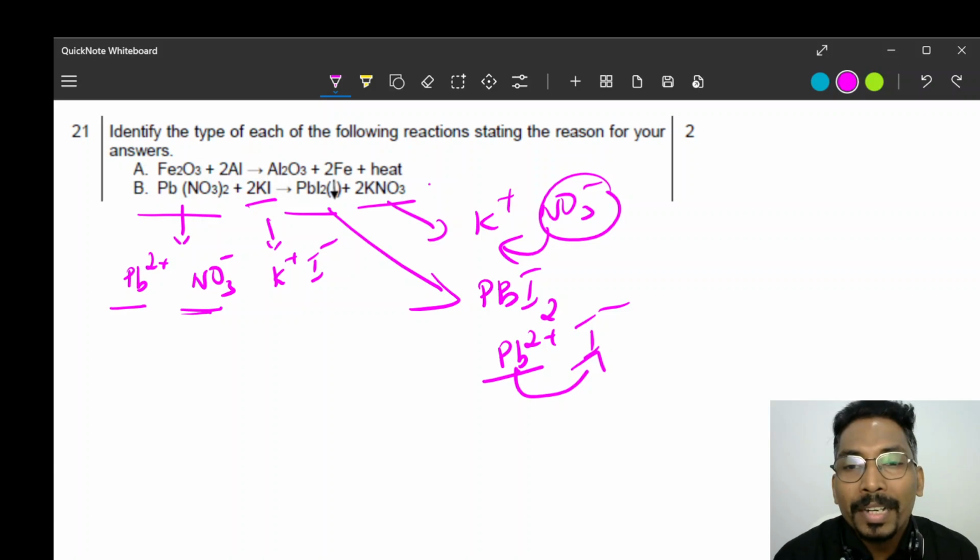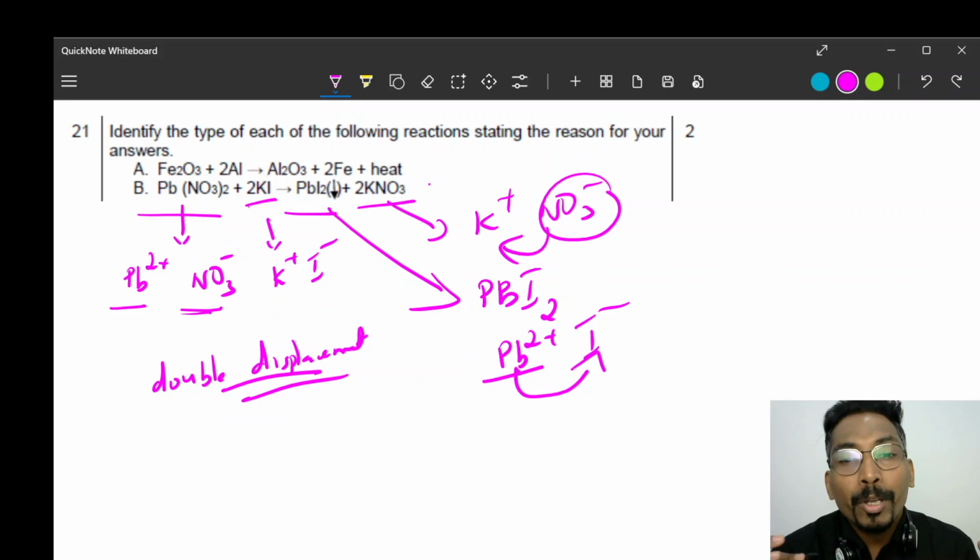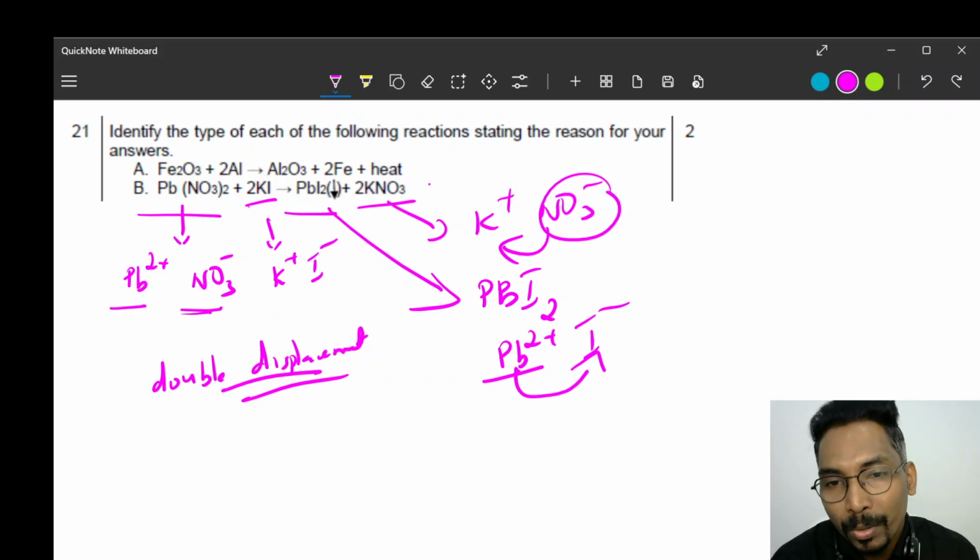That type of displacement is called a double displacement reaction. I hope the reason is clear, because there is an inter-exchange of ions between the reacting molecules and products.